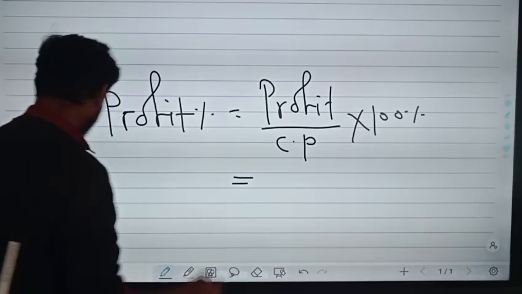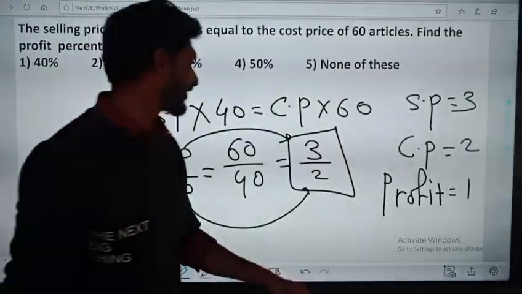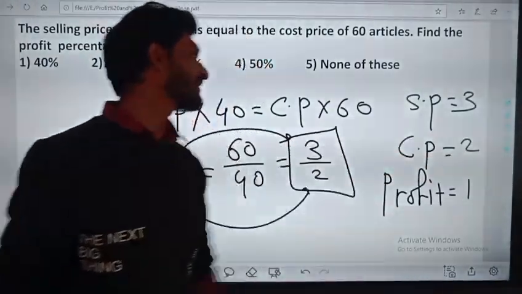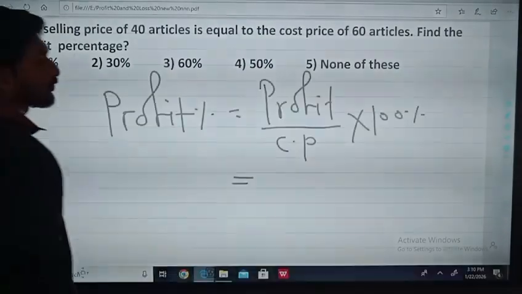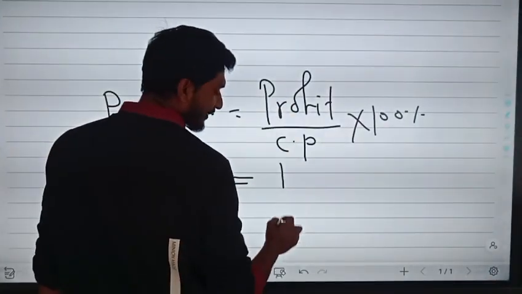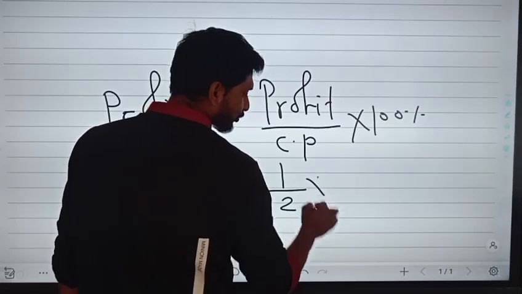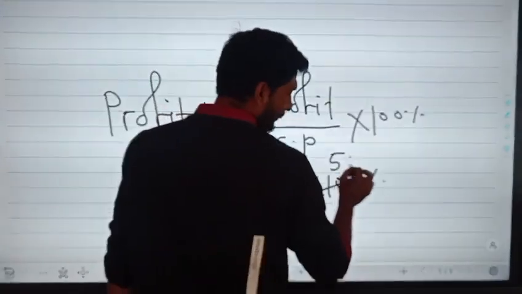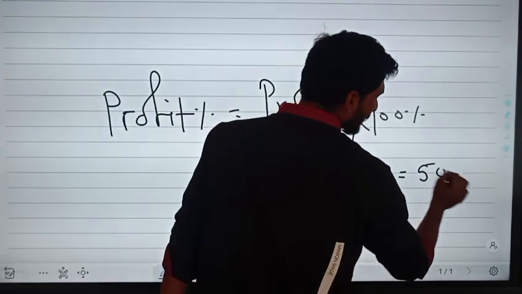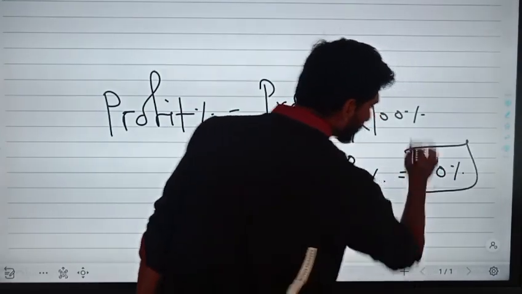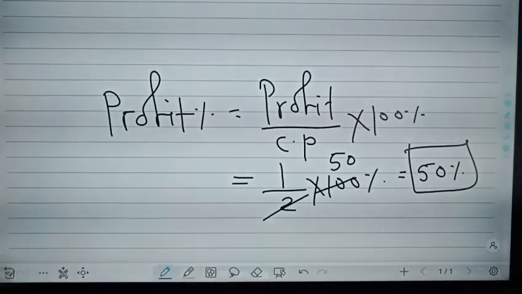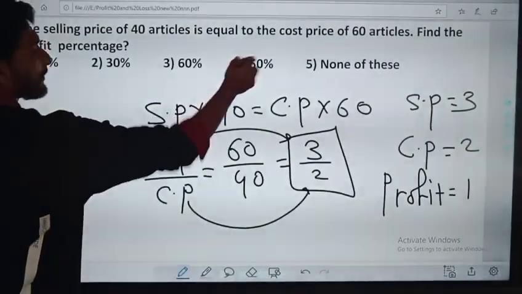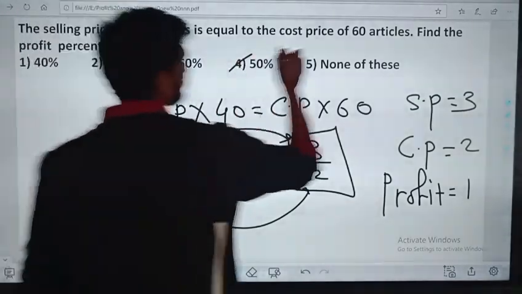Now here your profit is 1 rupee on a cost price of 2 rupees, into 100%. Now we solve. Your answer is 50%. Then profit percent is 50%. This is your answer.